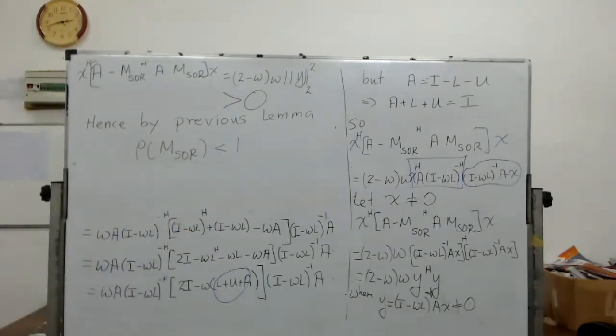Hence, by the previous lemma, the spectral radius of MSOR is less than 1.